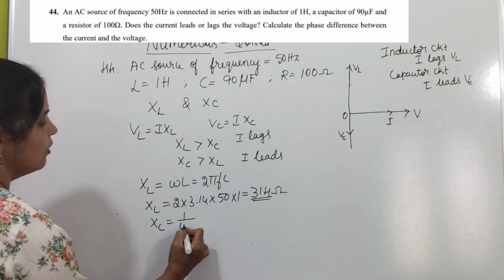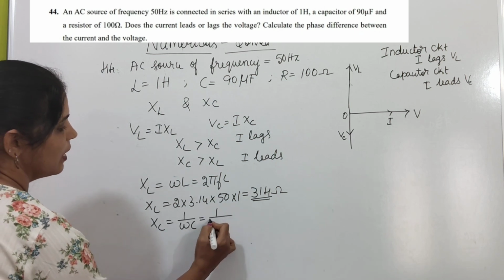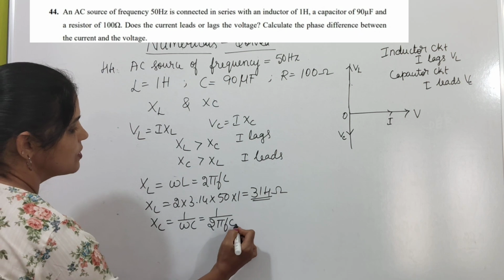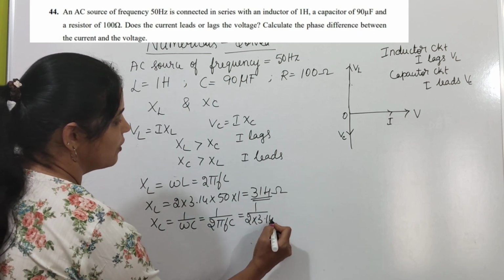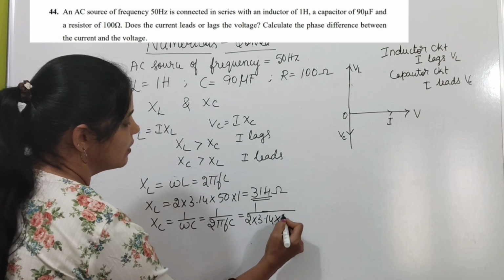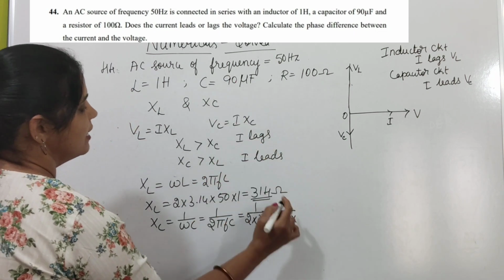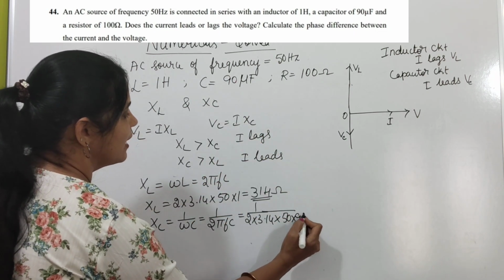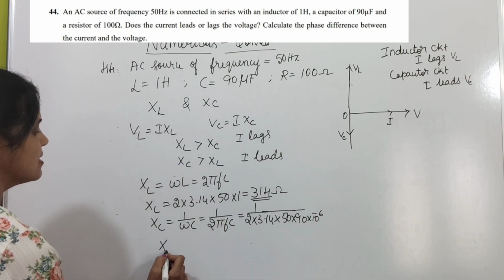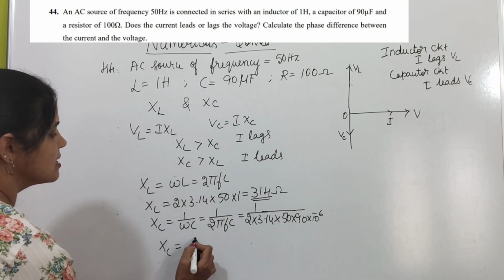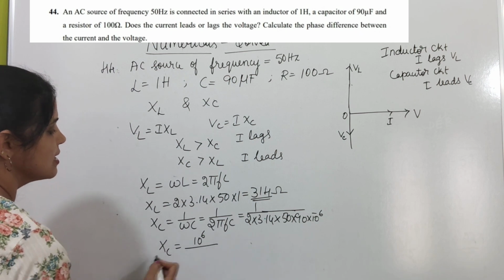How to find out XC? It is 1 over omega C. That is 1 by 2 pi f into C. 2 pi f is 2 into 3.14 into 50, into C which is 90 micro. Micro is 10 to the power minus 6. So XC is equal to 10 to the power minus 6 comes to the numerator as plus 6.